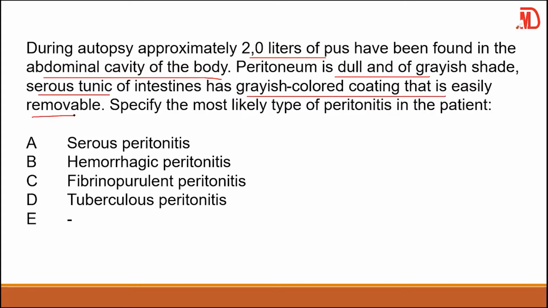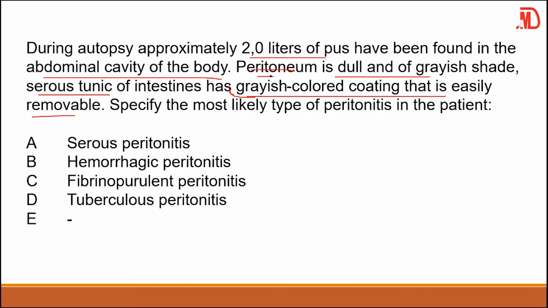So first of all, someone is going to tell me the type of inflammation we are having over here. A grayish coating, what comes to mind? Fibrinous. Exactly. Fibrinous type of inflammation. And in fibrinous inflammation, we have 2 types: the croupous, and the diphtheritic.